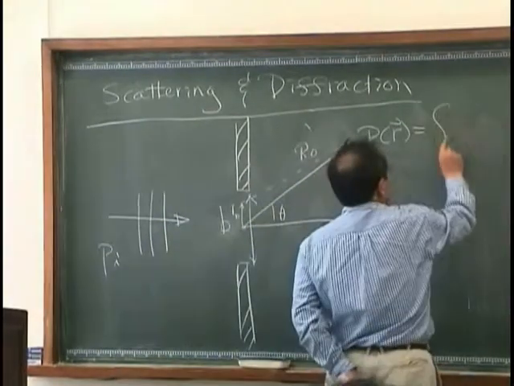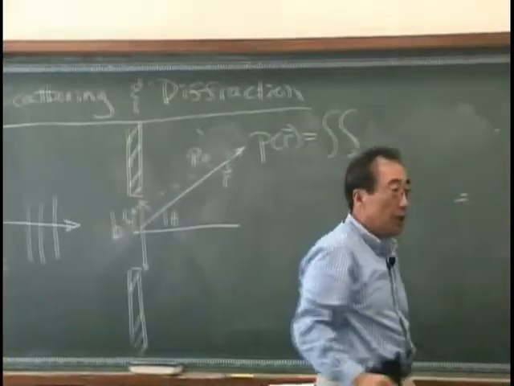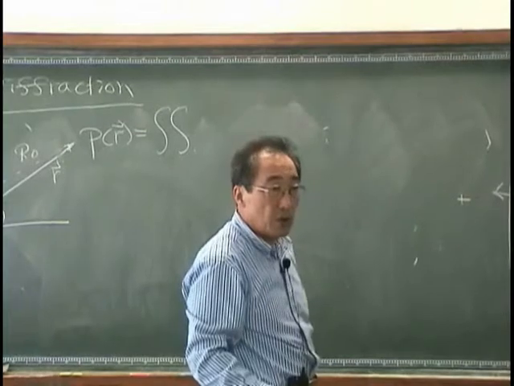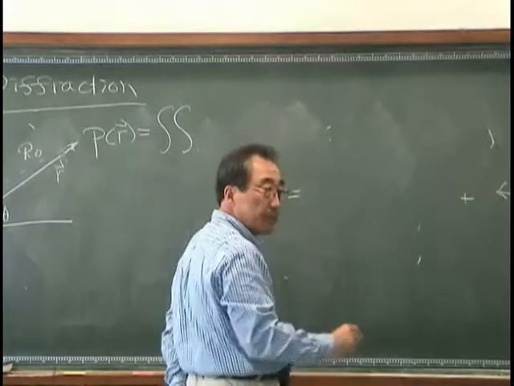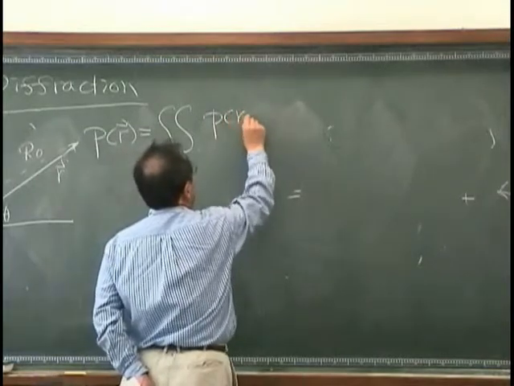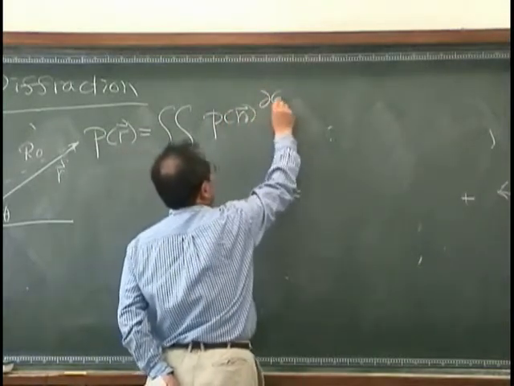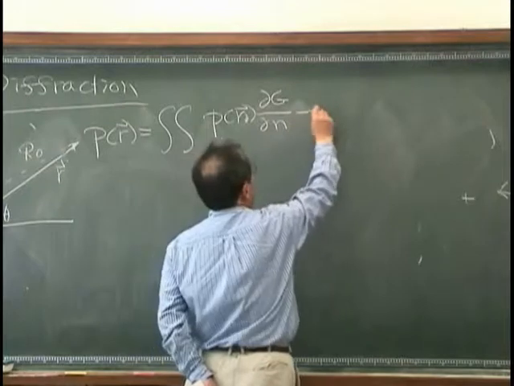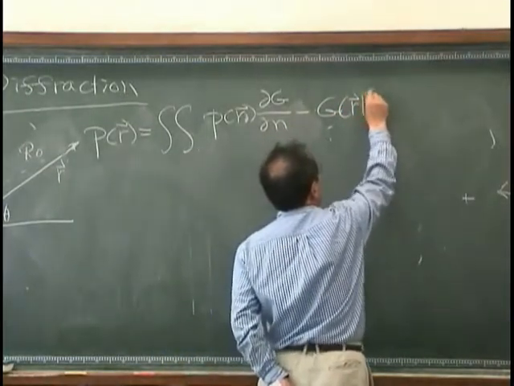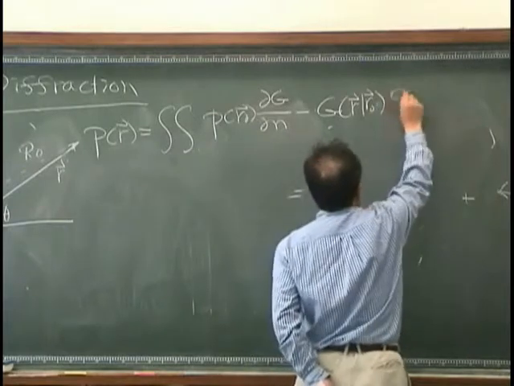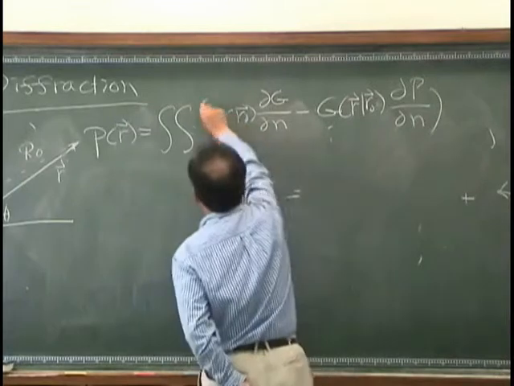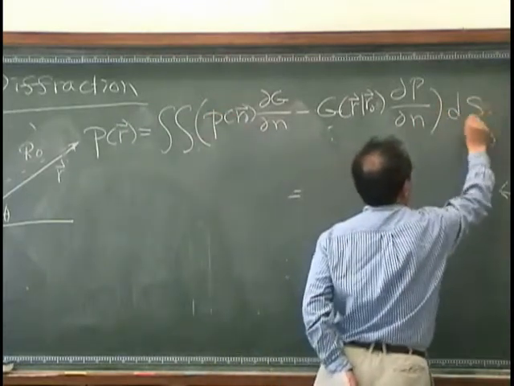So I can write, okay, I can get the pressure by integrating over S0, P(R0) dG/dn minus G dP/dn, integrating over the surface S0.